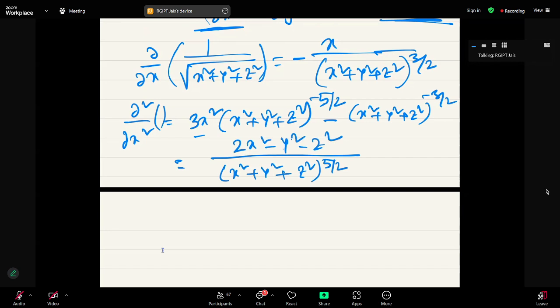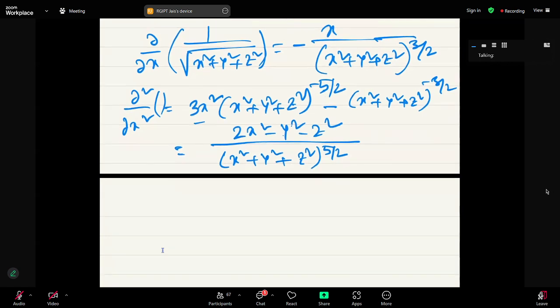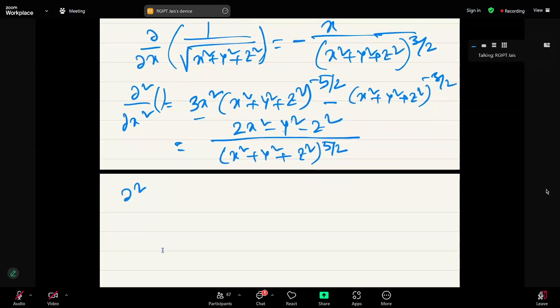This will be the answer for the del 2 del x2 term, right? Similarly, del 2 del y2 will be similar, with x changed to y.